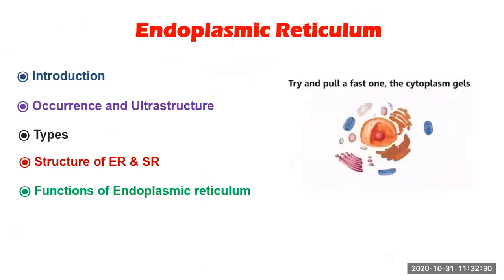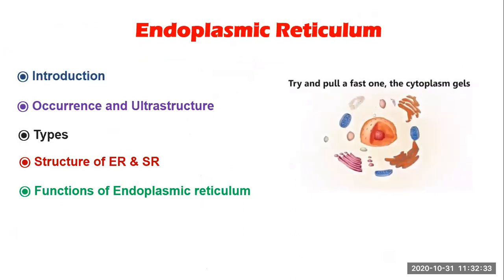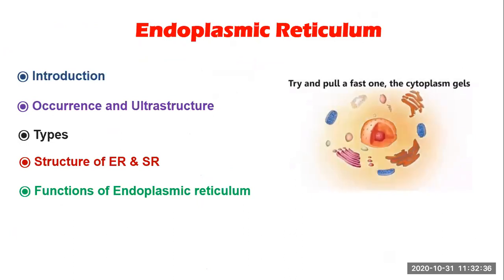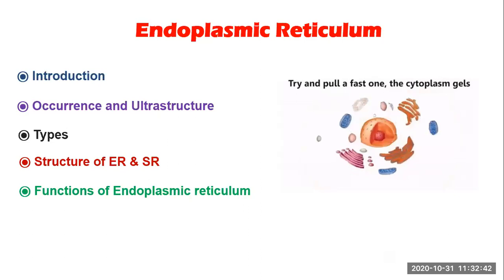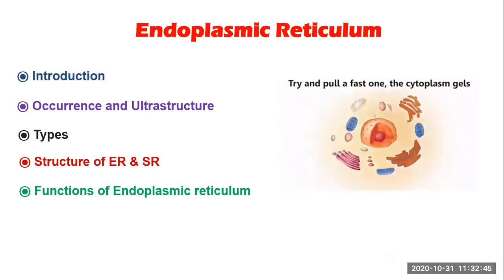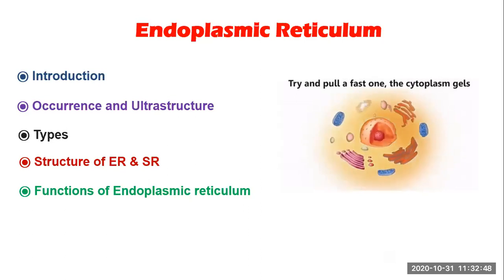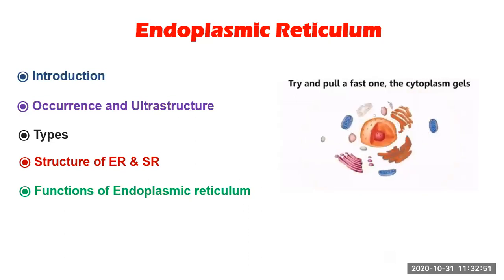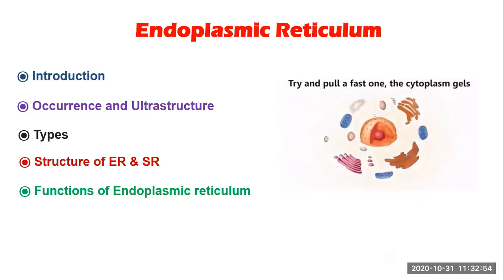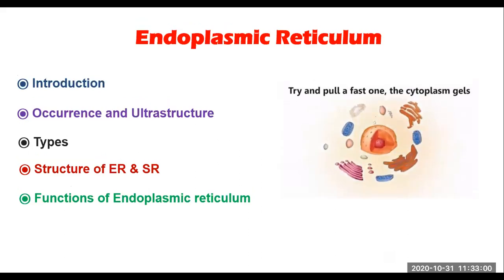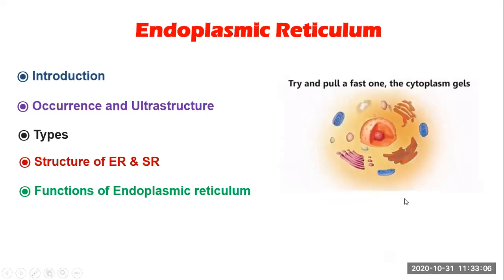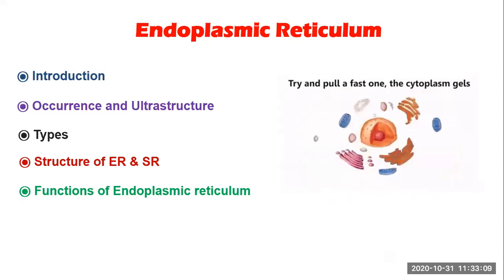The intestinal cell will participate in digestion. The skin cell is for the sensation purpose, or whatever the different cells which are present in different organs having different functions, so that this endoplasmic reticulum also helps in cell differentiation and coordination, to maintain the cell functioning. So these are the different types of functions of endoplasmic reticulum.